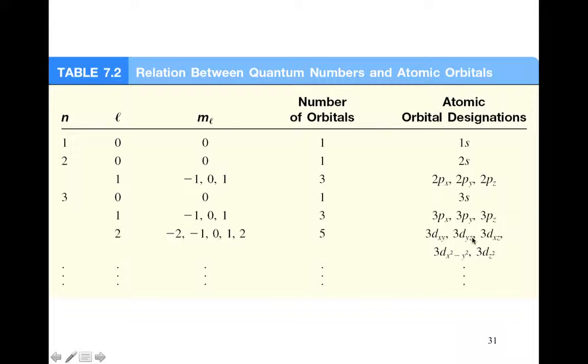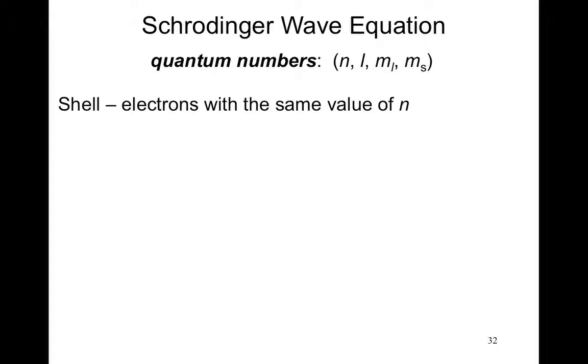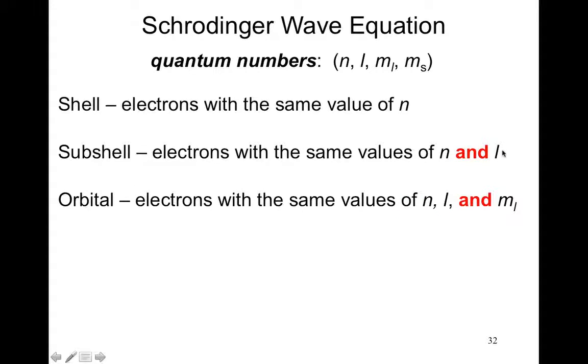And the number of orbitals tells us how many electrons we can hold. We call a shell the electrons that have the same value of n. If you're 1, 2, 3, 4, you're in the same electron shell. Subshells have the same values of n and l. And then an orbital, if you have the same values of n, l, and m, then you're in the same electron orbital.